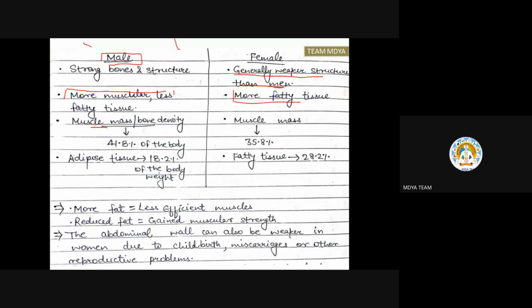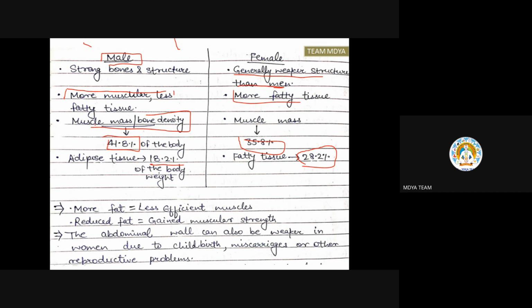Muscle mass in the male body is 41.8% of the body weight, and muscle mass in females is 35.8%. The fatty tissue in males is 18.2% of the body weight, and fatty tissue in females is 28.2% of the body weight.